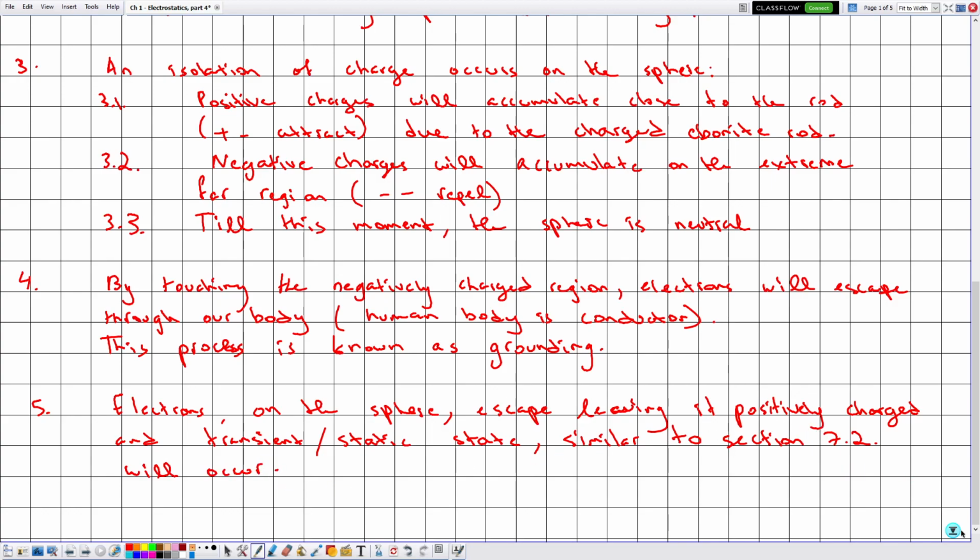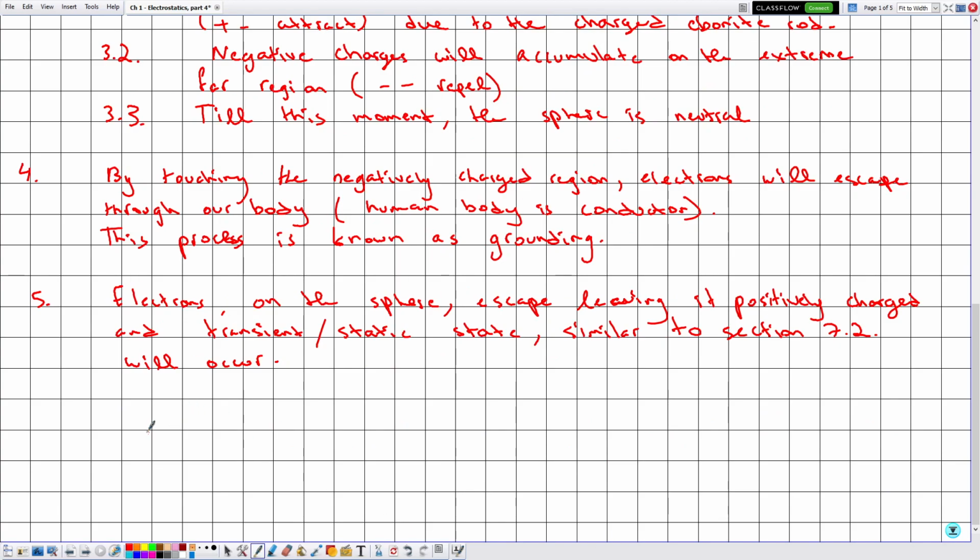Then let me discuss here the transient and the static state. So let me say transient state. We know that the transient state is the state of motion.